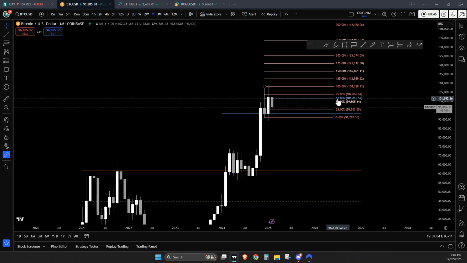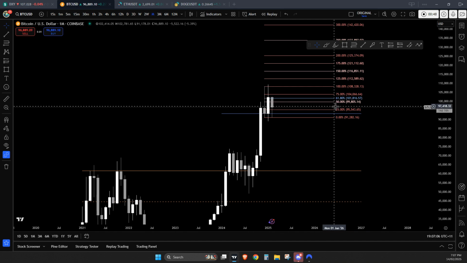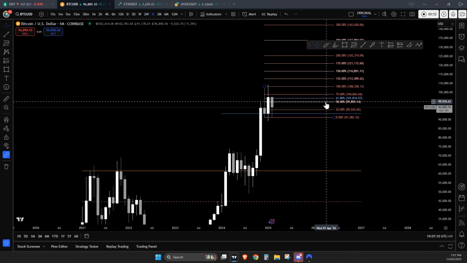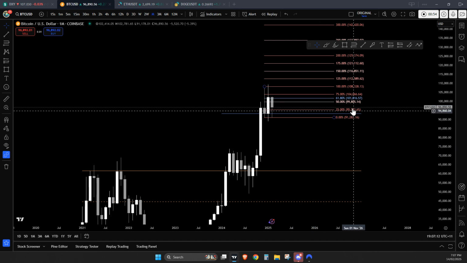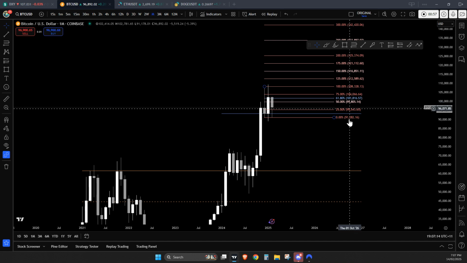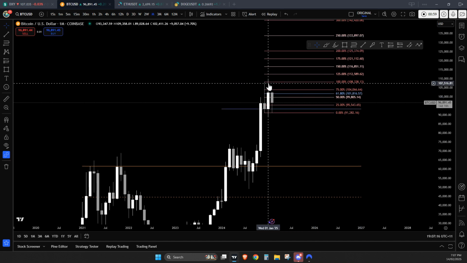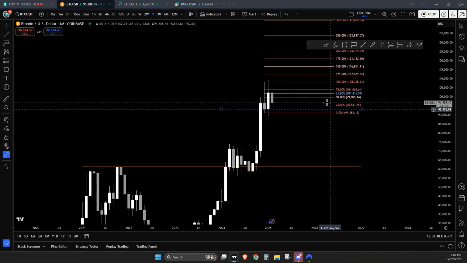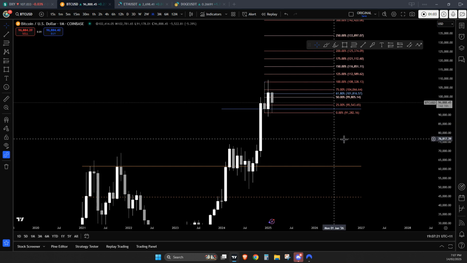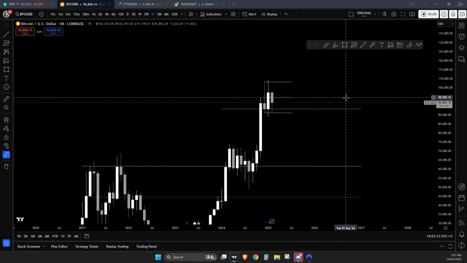For some reason, you know what it is? It's greediness. Rather than everything happening at the 50% mark, let's push it that little bit more and make that little bit more money at the 61.8. And vice versa, right? When price is coming down, a lot of the time it will retest 61.8 on the downside. It's just because traders want that little bit more.